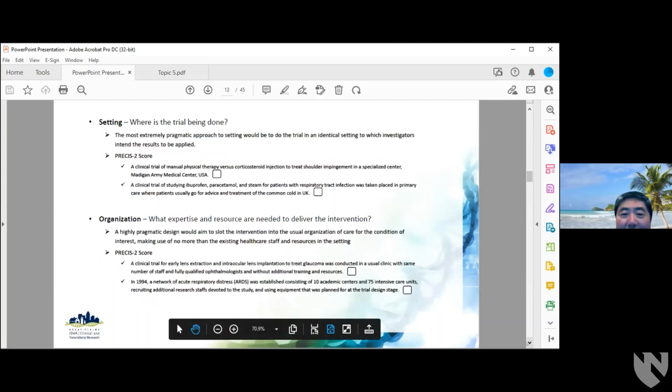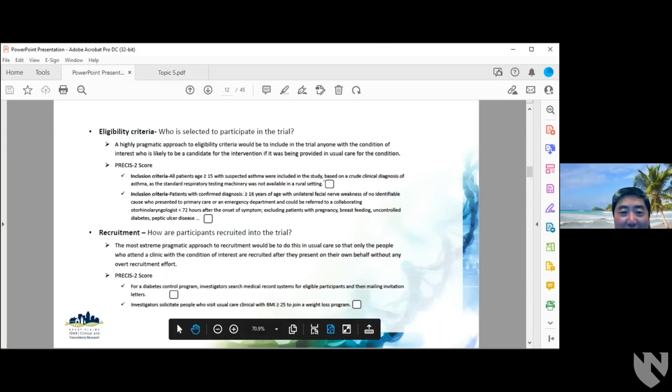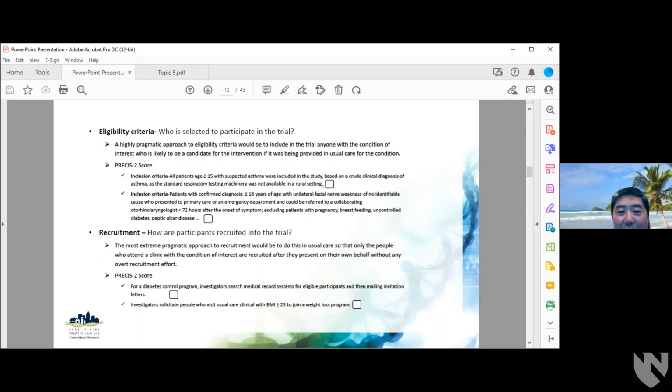You tell me, so you may put this in the chart with your score. First, inclusion criteria: all patients age 15 with suspected asthma were included in the study based on clinical diagnosis of asthma, as standard respiratory testing machinery was not available in the rural setting.